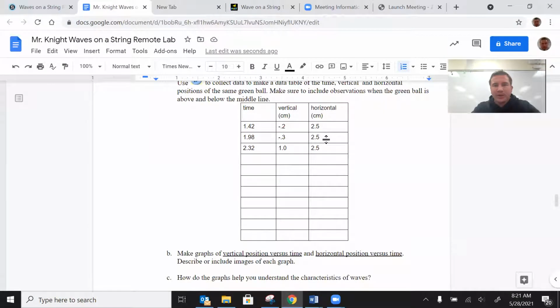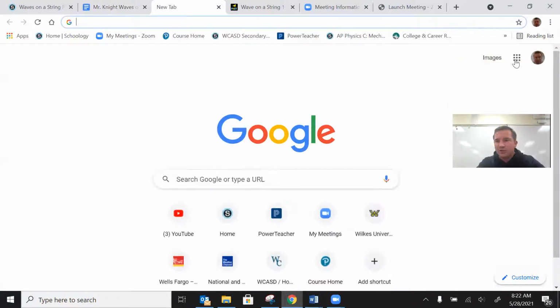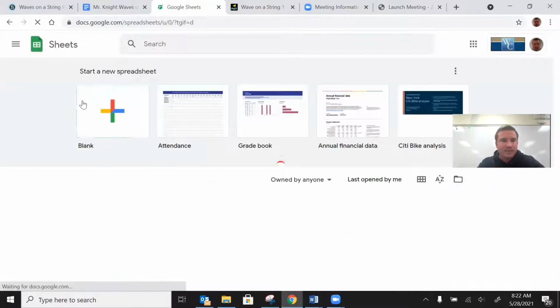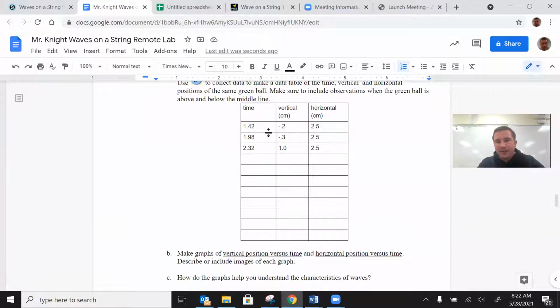So we want to make a graph of this. So I'm going to use Google Sheets. Open up a new sheet. We want time and vertical position and time and horizontal position. You'll notice as you're going through here, horizontal is always the same. So we don't really have to worry about horizontal. I might even just take that part out, but we want to worry about time and vertical position.